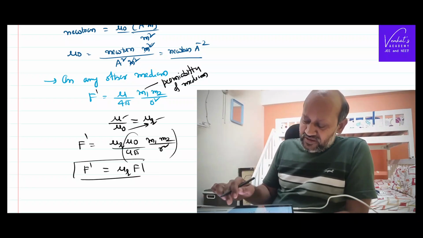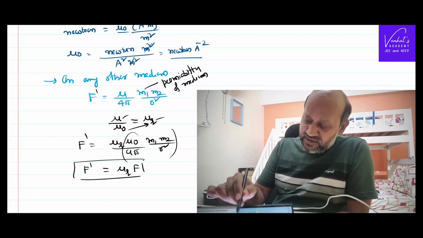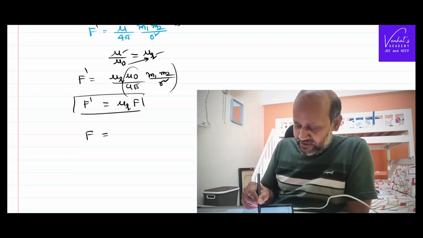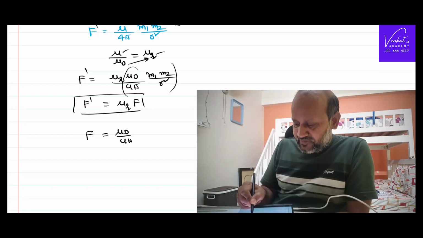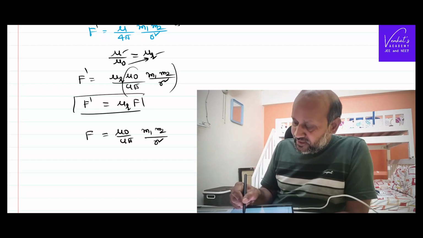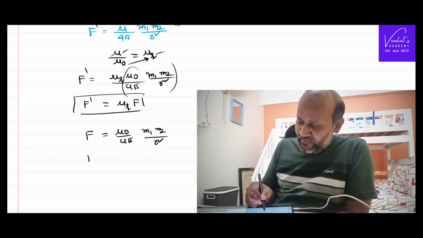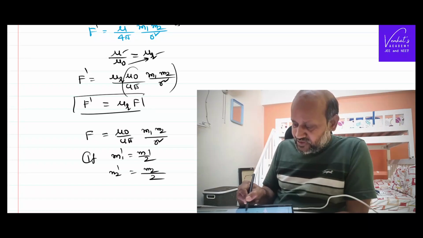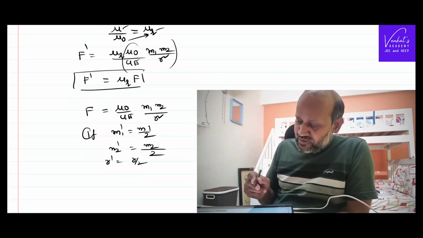So this is an inverse square law which further tells you that, writing an equation in vacuum, mu naught by 4 pi m1 m2 by r square. If somebody says I have changed, if pole strength is reduced to half, m1 dash is m1 by 2, m2 dash is m2 by 2, and distance is also reduced by half, what happens to the new force?